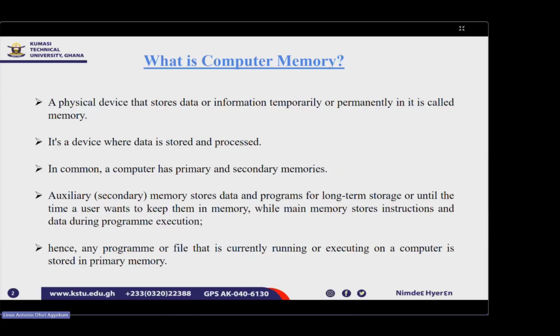So when we take a computer, for instance, the memory that is within the computer that stores the various programs or files or the executing files on the computer, that kind of memory can be termed as the primary memory. Please, do we understand?